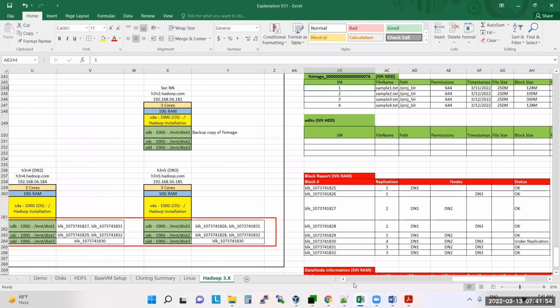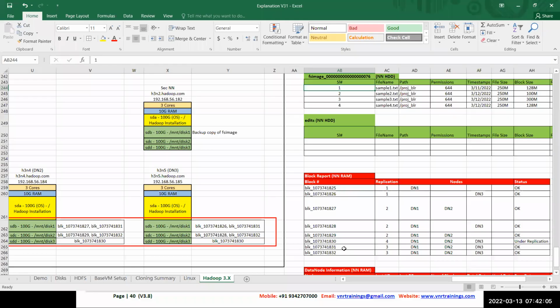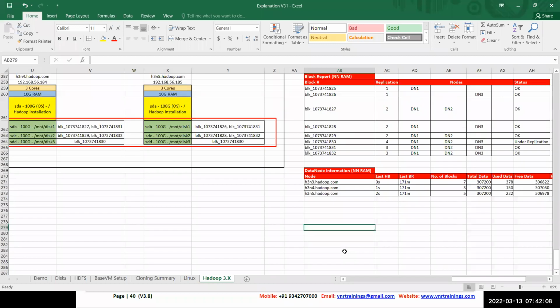Okay, so here I have given two options, guys. One is 1 hour and one is 10 million transactions actually. Let us take this scenario, guys. Let's say the time is now 7 a.m. and the secondary name node started.